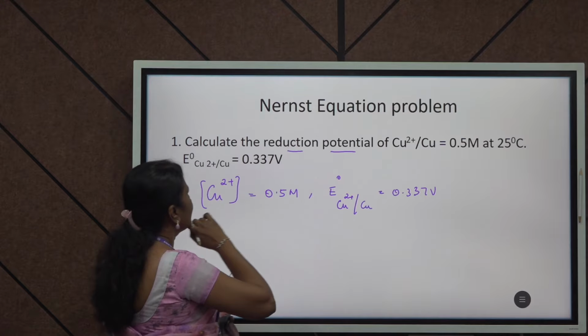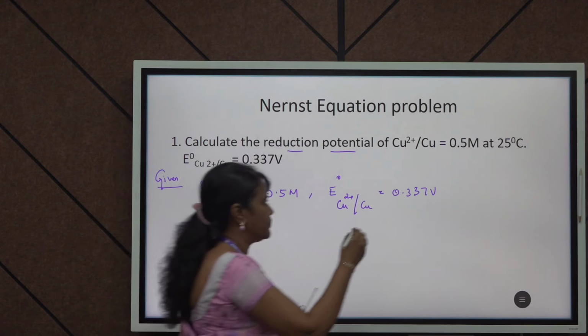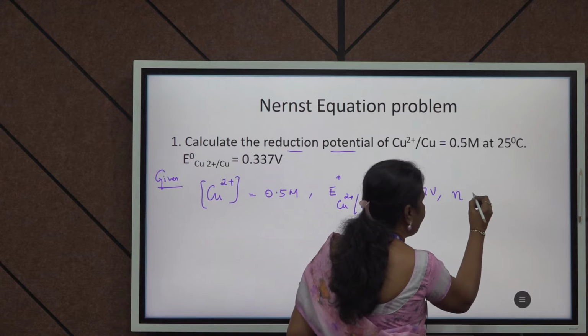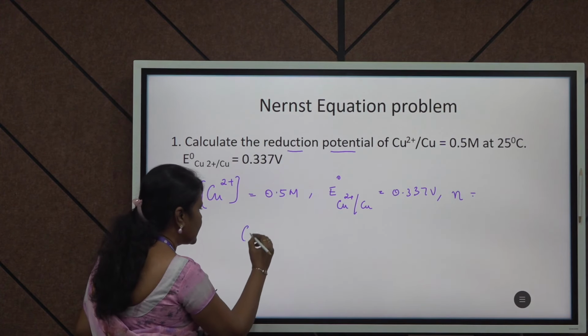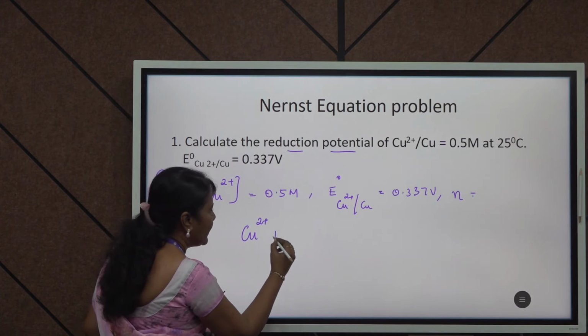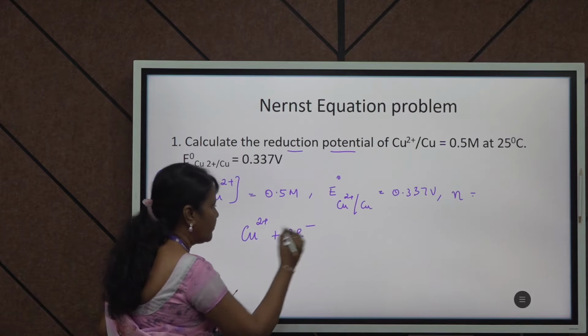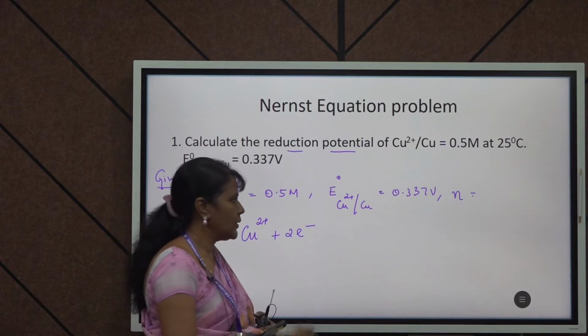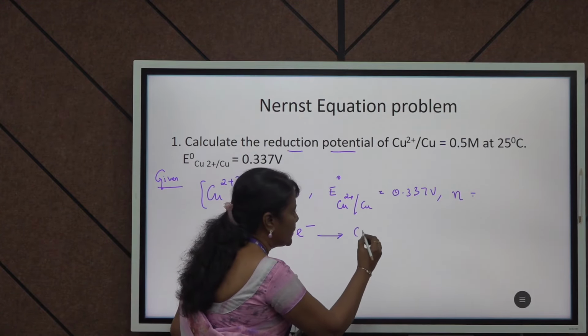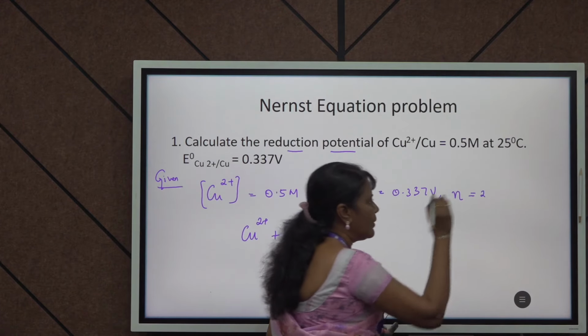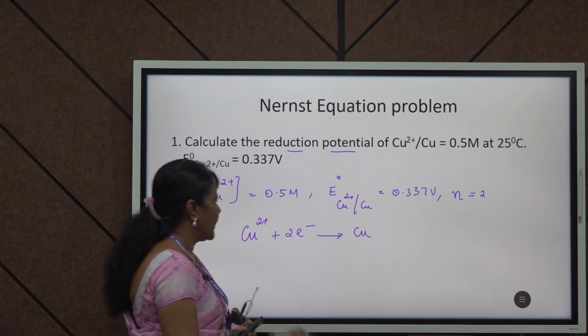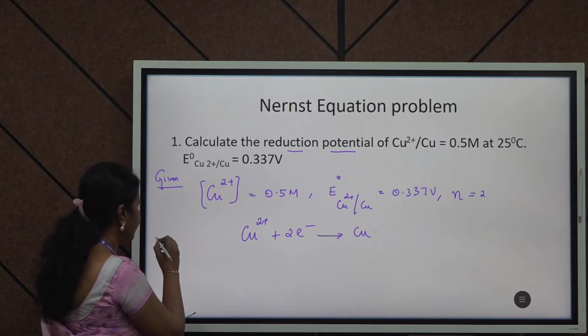And now we have to note down the number of electrons involved. Actually what happens is, during reduction, Cu2+ will gain 2 electrons. Cu2+ plus 2 electrons will give Cu. So the number of electrons involved in this cell will be 2. Okay, now let's see the solution.